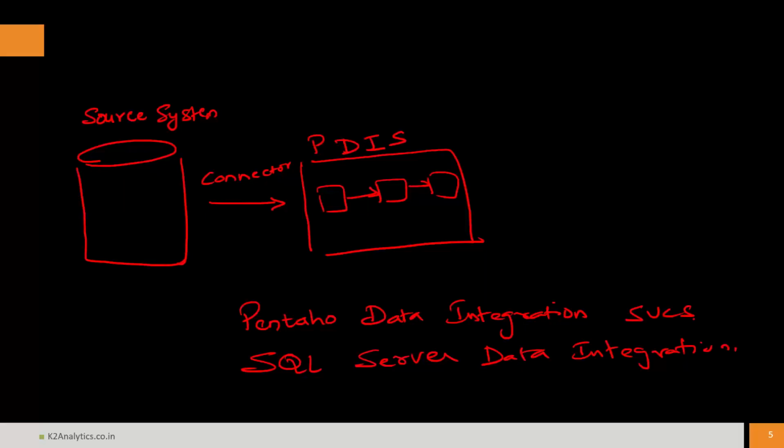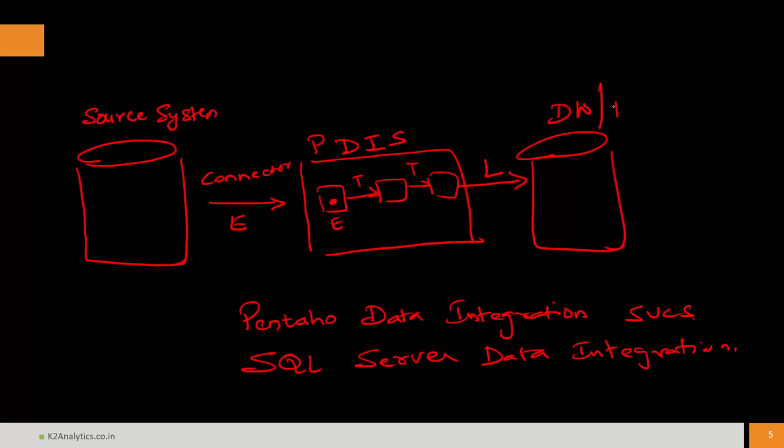So the point remains the same: using whichever tool, you connect to the source and do extract. This first step would be your E, with a connector doing the extract. Then it will have a workflow where you do transform, and the last step will push the data to a data warehouse or a data lake.